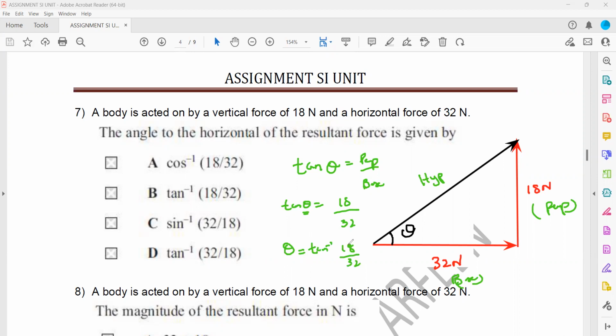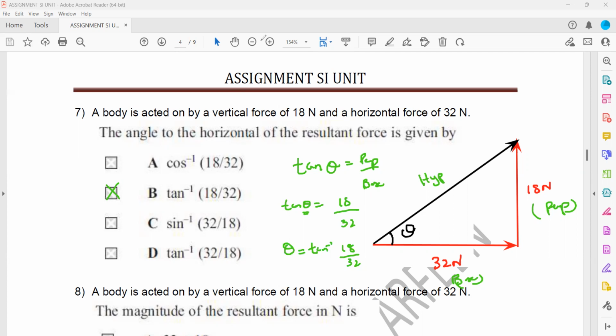That's why B is the valid answer. Whenever you need the angle, you will use a trigonometric ratio accordingly. Why specifically do we use tangent theta? As we have the base and perpendicular. What if we were having a perpendicular and hypotenuse? Then we will use sine theta. If we were having a base and hypotenuse, in that case we'll use cosine theta.